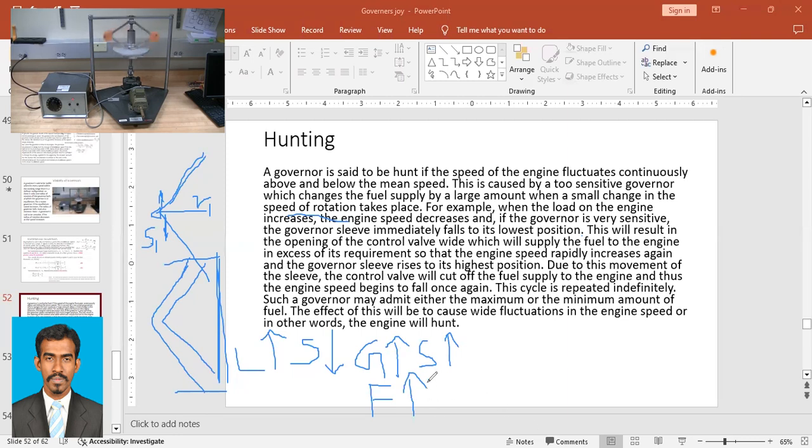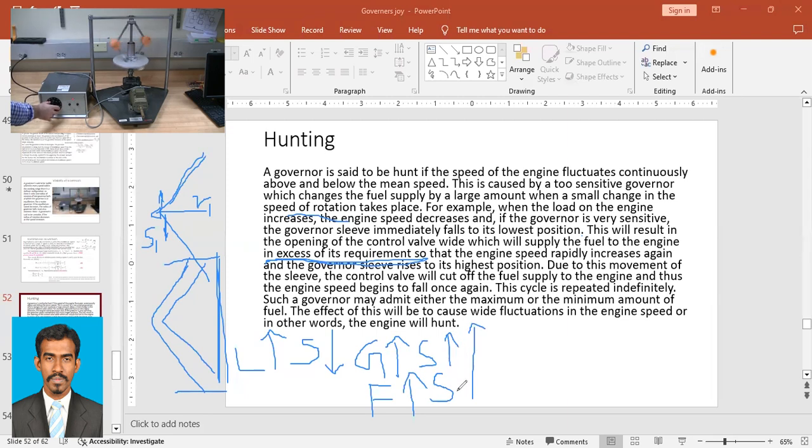So it will supply excess fuel. This will result in the opening of the control valve wide, which will supply fuel to the engine in excess of its requirement, so that the engine speed rapidly increases again, and the governor sleeve rises. So when you supply excess fuel, the speed will rise to a huge amount, far more than the required speed.